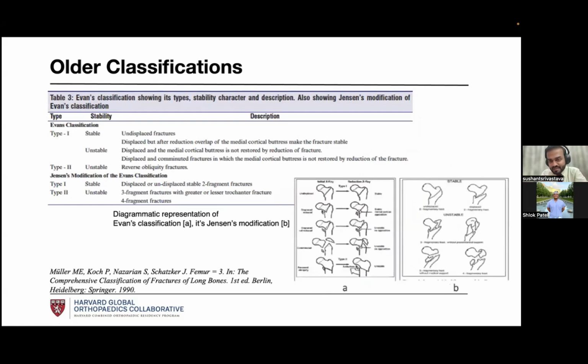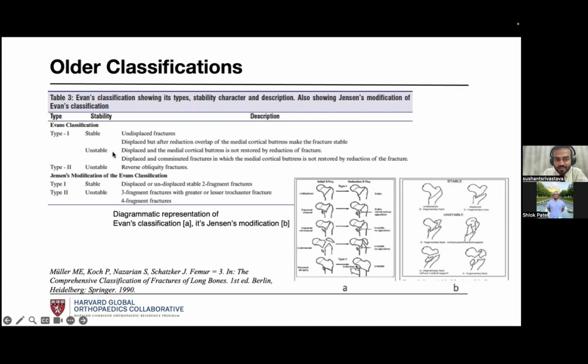Then we have the Evans classification, which gives the basic premise of stable and unstable intertrochanteric fractures. Type 1 was a stable undisplaced fracture, which also included displaced fractures where reduction restored the medial cortical buttress.